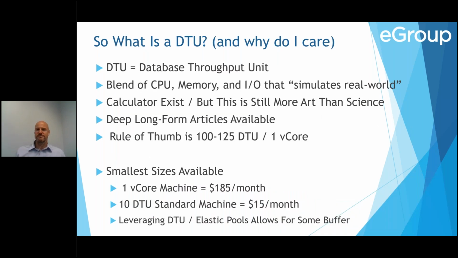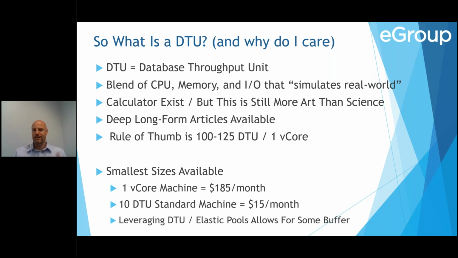So looping back to what is a DTU and kind of why do I care? DTU stands for Database Throughput Unit, and kind of roughly it's a blend of CPU, memory, and I/O that simulates "real world." And again, I put those quotes in this time. I don't know what real world is, and it might be different for you than for me.